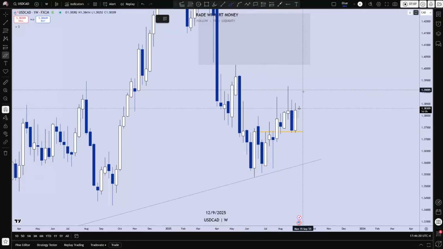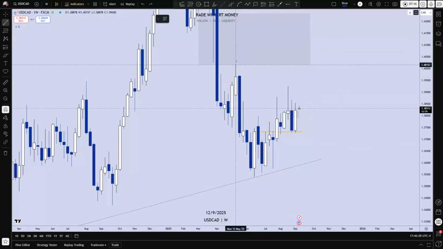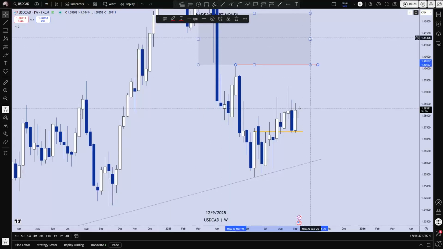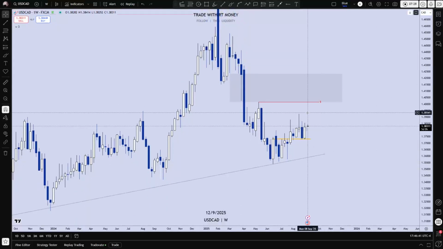I'm looking for price to deliver to this high right here and into that fair value gap. So I'm going to put a mark up there for buy side liquidity, and if I can get in a trade on a lower time frame down here, this will be my TP. Got it?